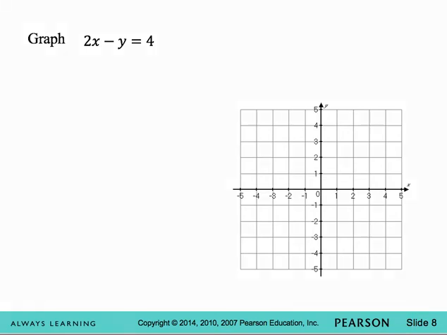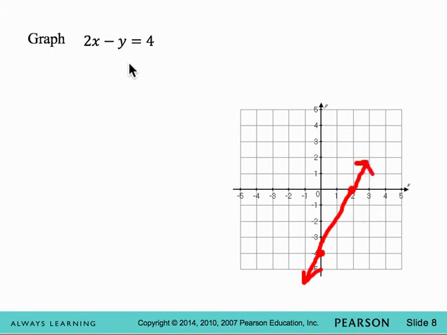But don't forget, I could solve this for y and use the same concept, but if your x and y are on the same side, the intercept method's probably easier. If x is 0, this is gone, so y is -4. If y is 0, this is gone, so x is 2. So I didn't have to do any work.